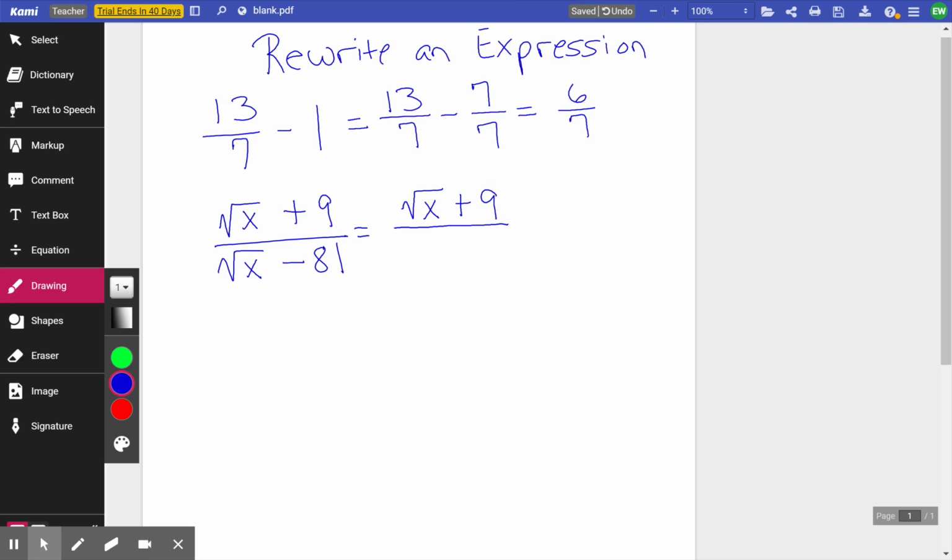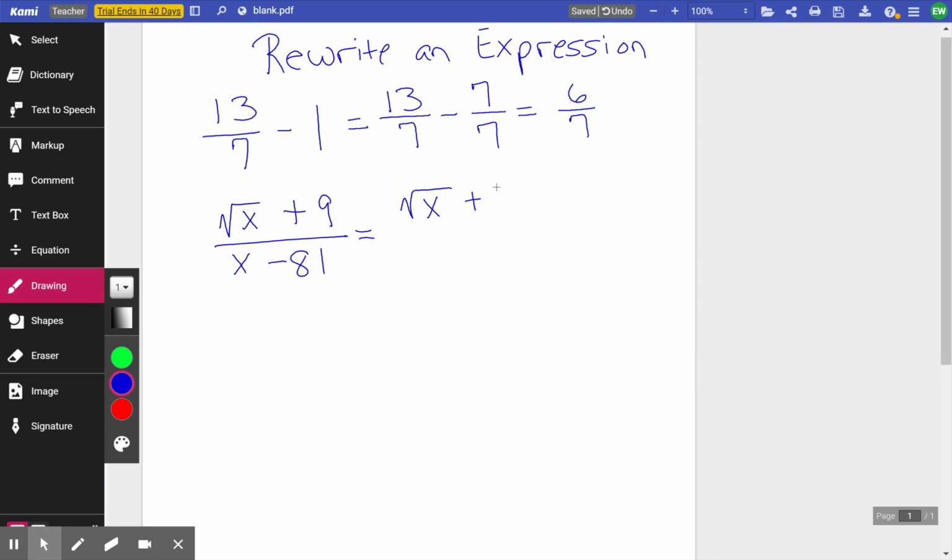But we can strategically rewrite this denominator as, oh, excuse me, let me back up here. I've written the wrong problem. It's just x minus 81, not the square root of x minus 81. That's my fault.